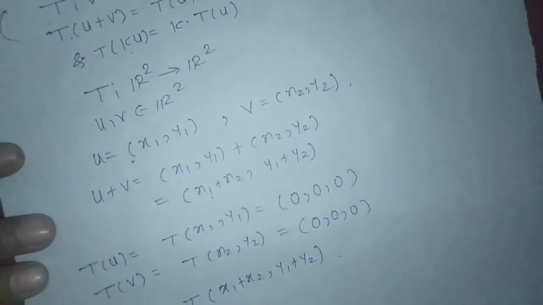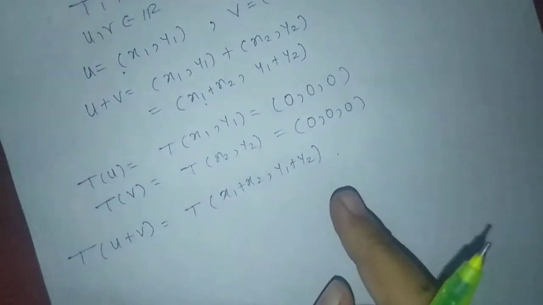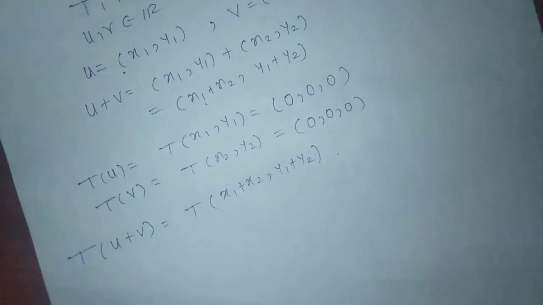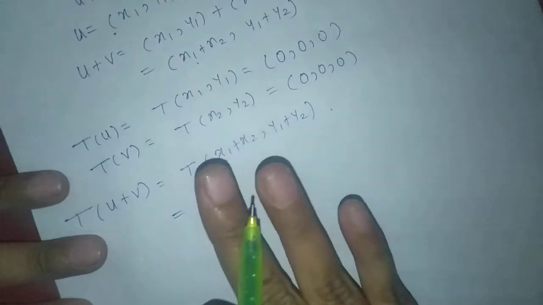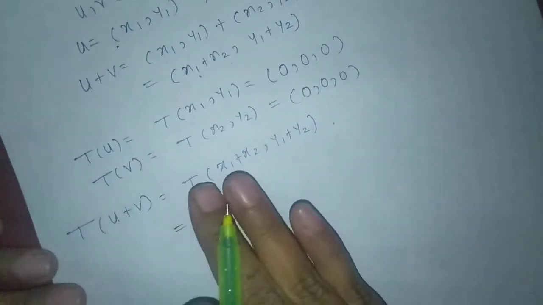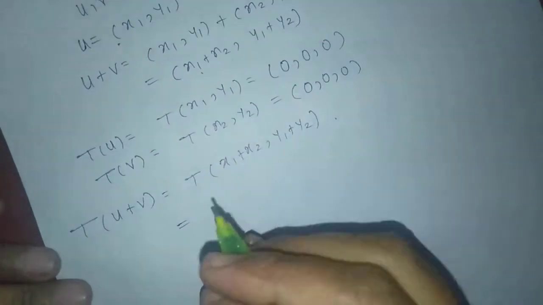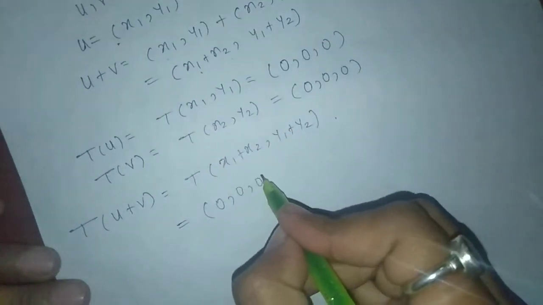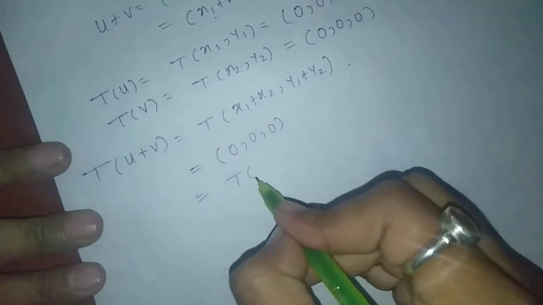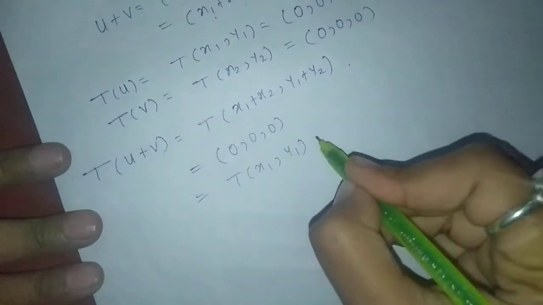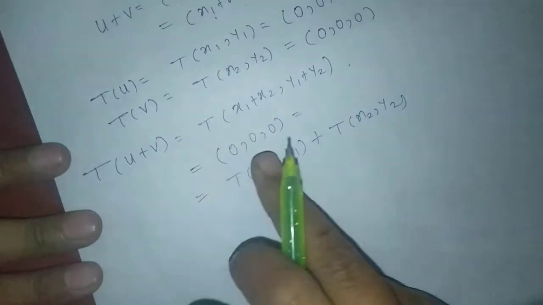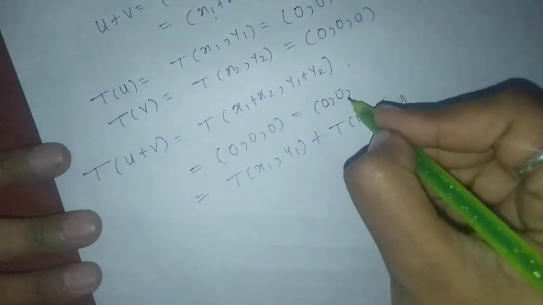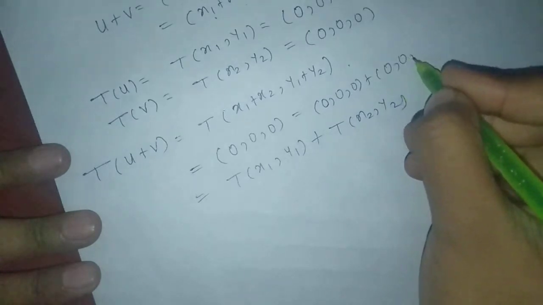Here x1, x2, y1, y2 belong to the vector space, therefore their addition also belongs to R2. So by definition of T, T of x1 plus x2, y1 plus y2 equal to 0, 0, 0 which is equal to T of x1, y1 plus T of x2, y2 because this can be written as 0, 0, 0 plus 0, 0, 0.